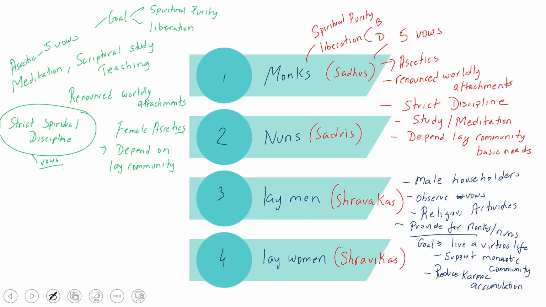And then finally, the Shravikas. Well, we see that they had to adhere to the Jaina principles when they were fulfilling their social responsibility as well as their domestic responsibilities.